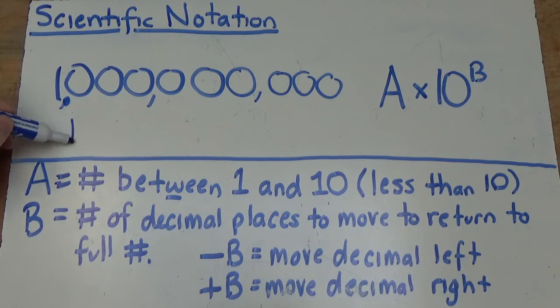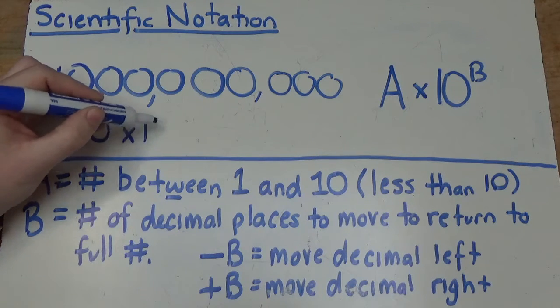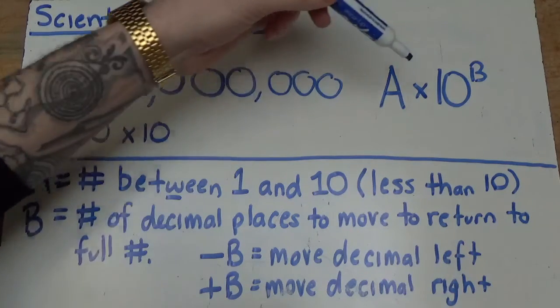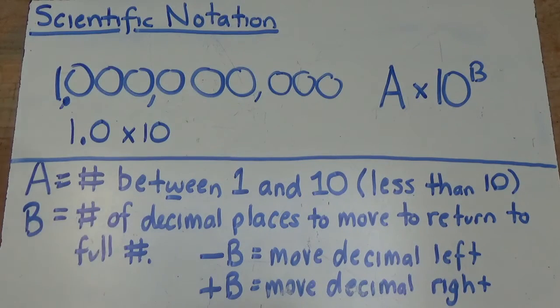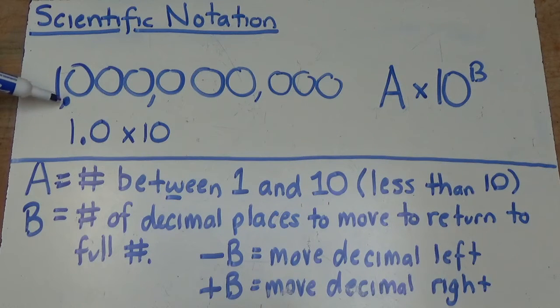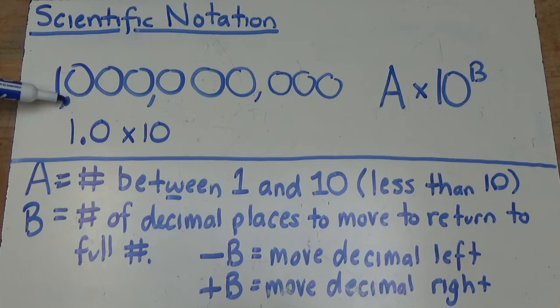So my A is 1.0 times 10. And my B is the number of decimal places I need to move to return to this full number. A negative B would be telling me to move my decimal point to the left, and a positive B would be telling me to move my decimal point to the right.